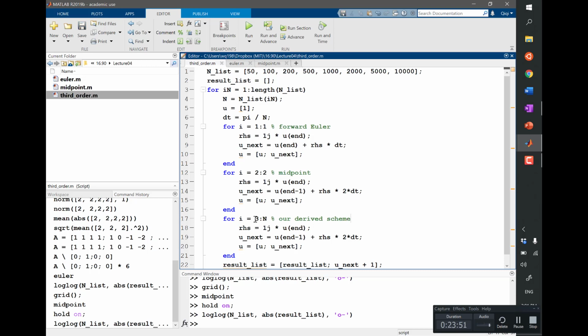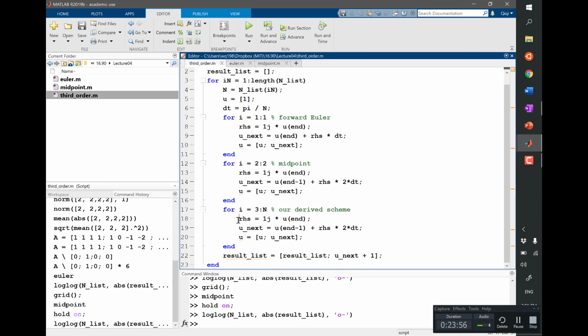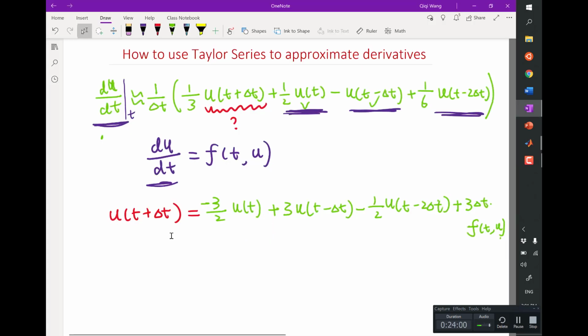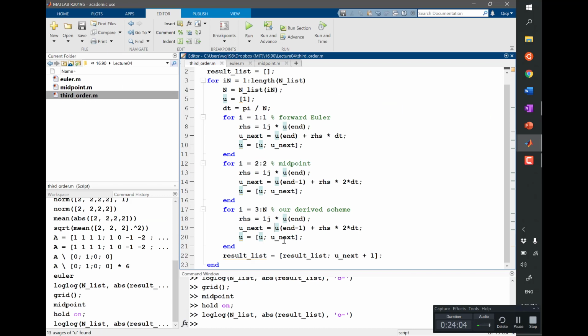All right. Okay, so how do we apply our derived scheme? We compute the right-hand side, right? And my u next is going to be application of this rule. Instead of un minus 1, it's actually minus 3 over 2 times un minus 1.